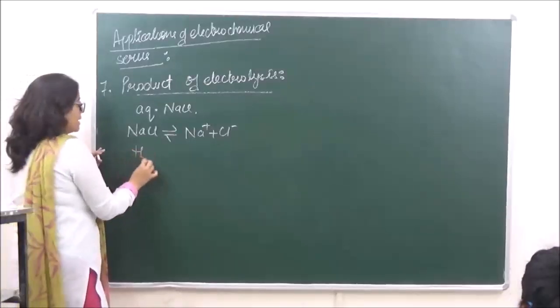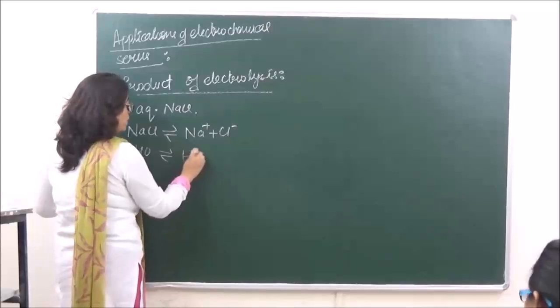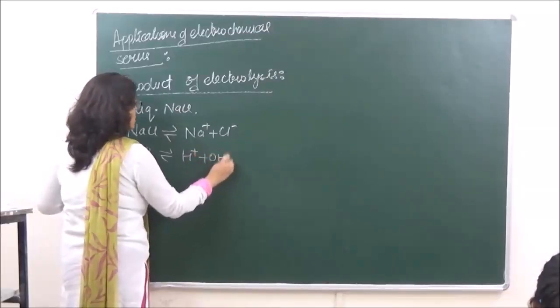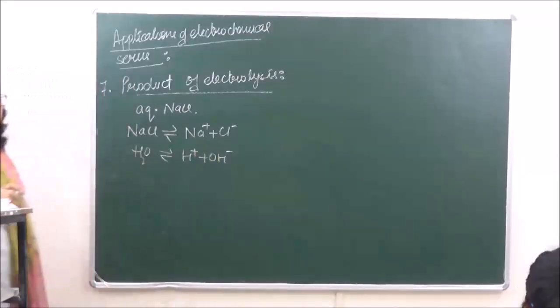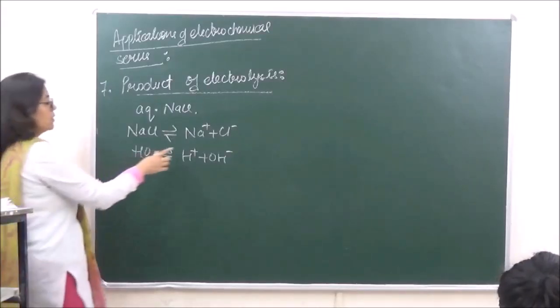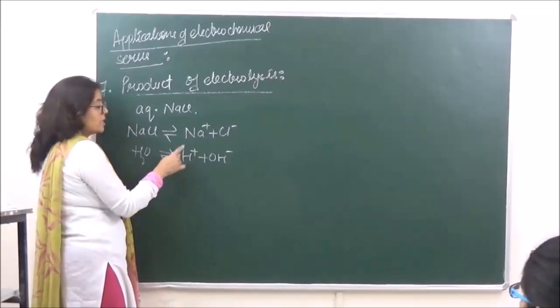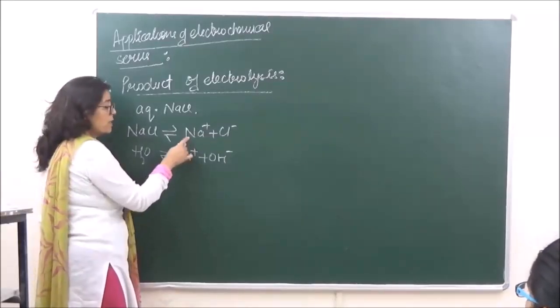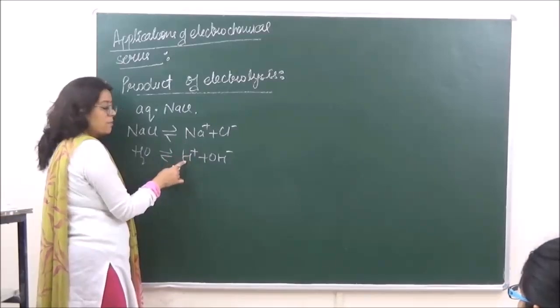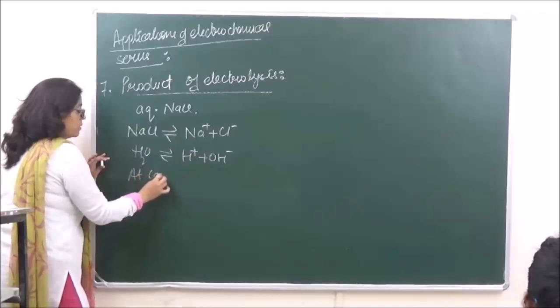In a similar manner, because it is aqueous, water is also going to decompose into H positive and OH negative. Now you can see over here that there are 2 cations which are yielded. So at the cathode there is going to be a race between both sodium and hydrogen. So at the cathode, what is going to be liberated?